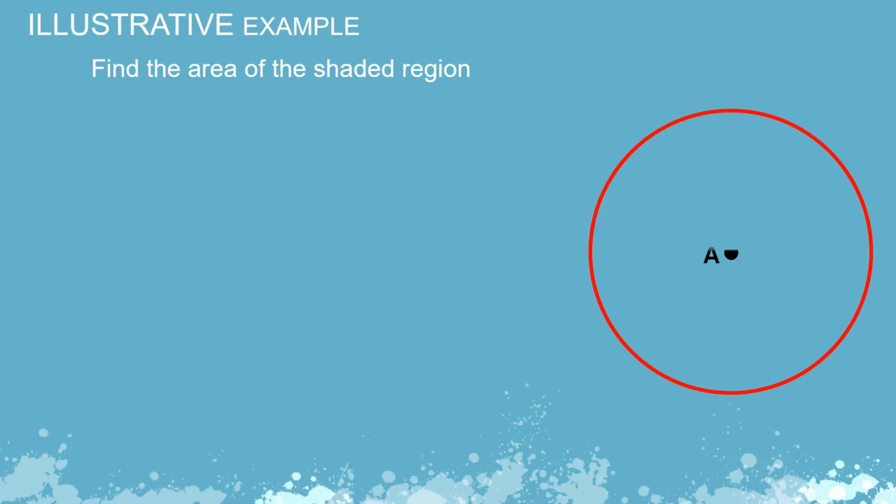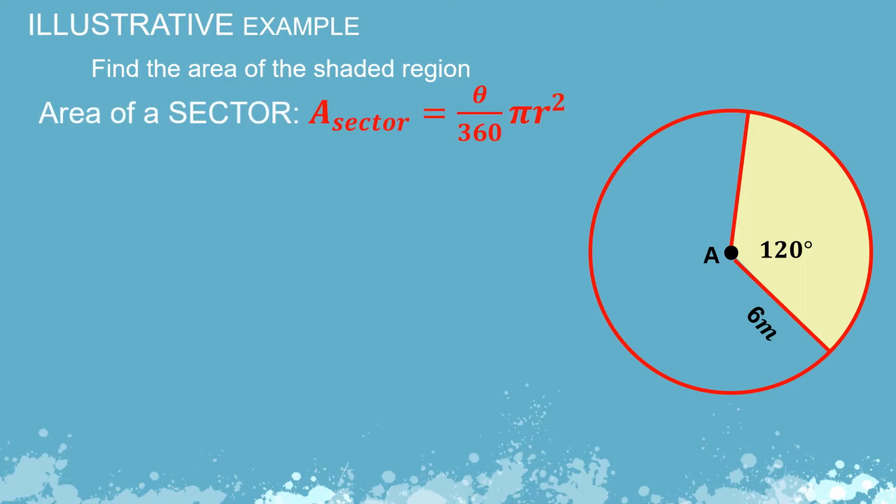Let's say you have a circle with a shaded region, which is an example of a sector of a circle. Let's say the angle formed is 120 degrees with a radius of 6 meters. Using the formula, area of sector is equal to theta over 360 pi r squared. All you have to do now is to identify the values of theta and r on our figure.